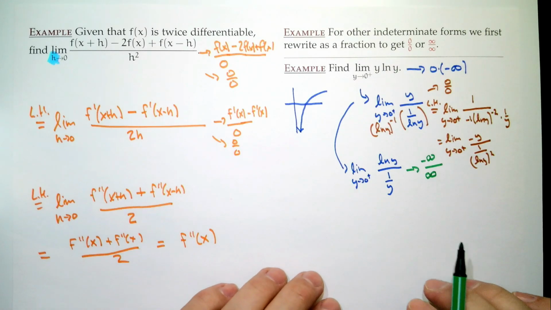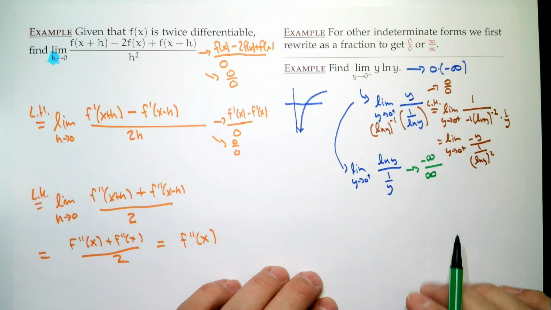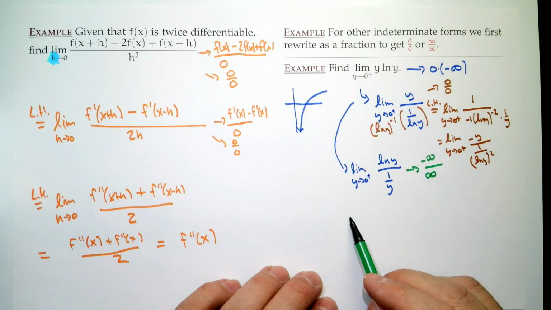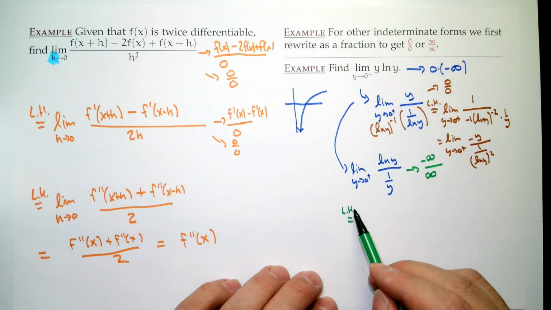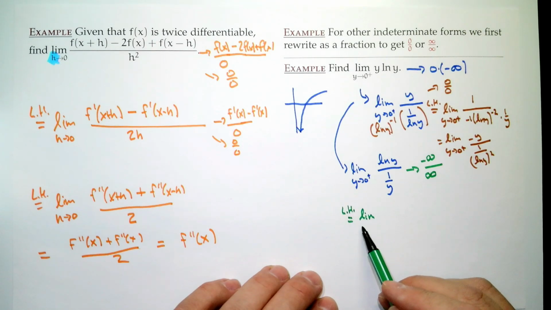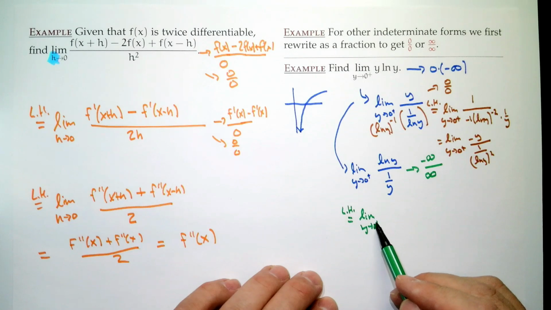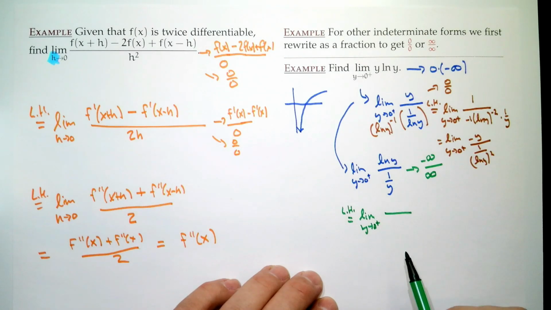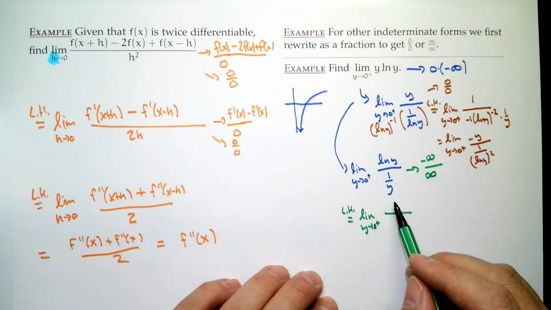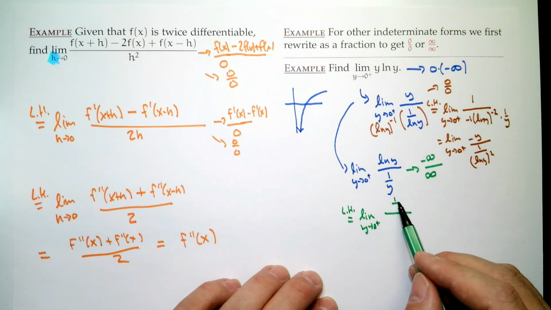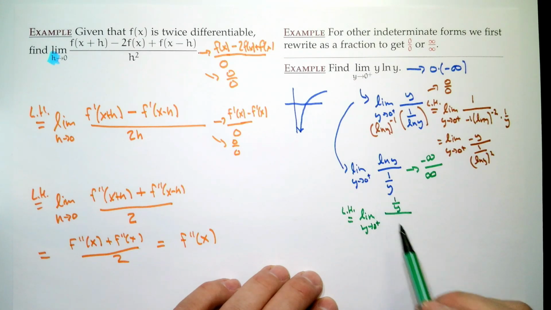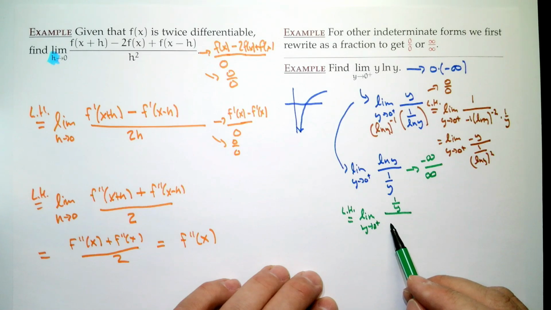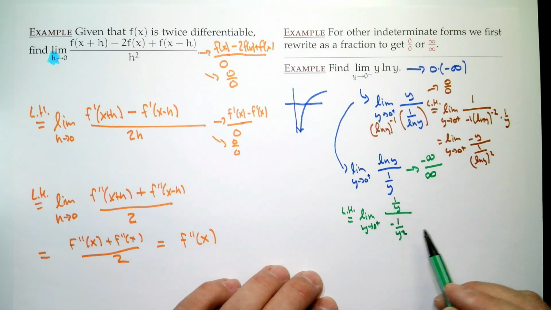All right. So what can we do? Well, we channel our L'Hôpital. What's the derivative of log y? 1 over y. What's the derivative of 1 over y? Negative 1 over y squared.